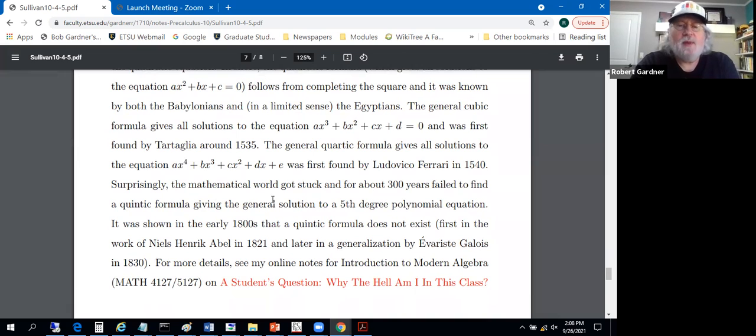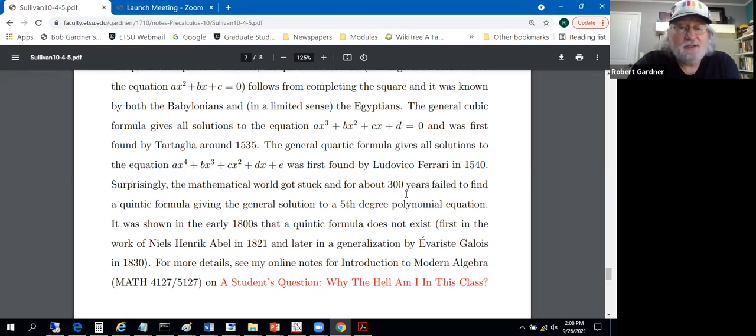But what about a fifth degree polynomial equation? Or what about nth degree polynomials? Well, they couldn't work their way past fourth degree polynomials. For 300 years, there was work done looking for a quintic formula, you might call it, a formula that gives all of the zeros of an equation that results from setting a fifth degree polynomial equal to 0.